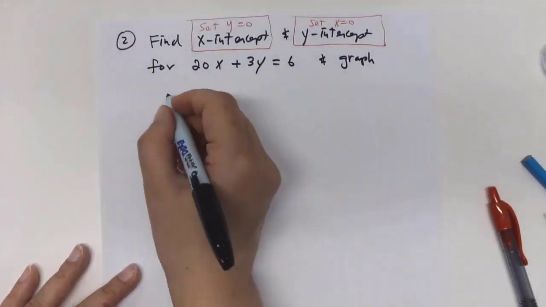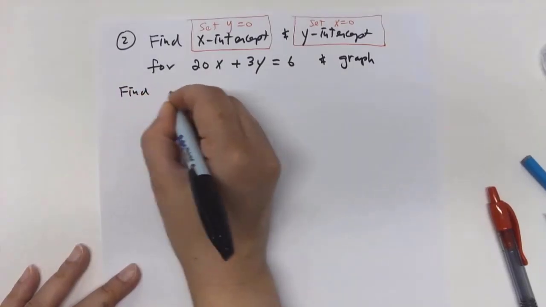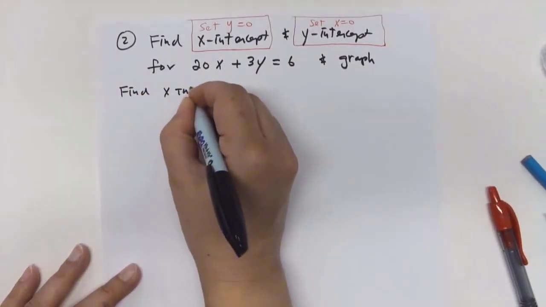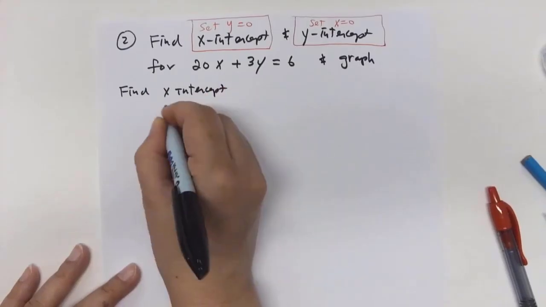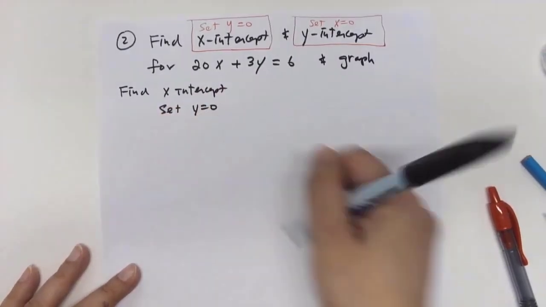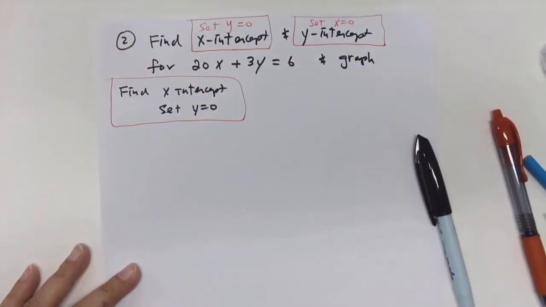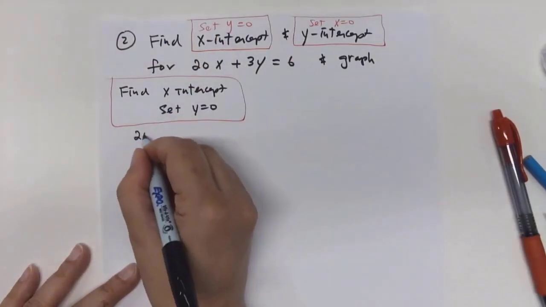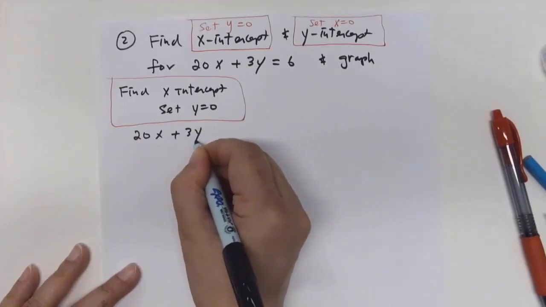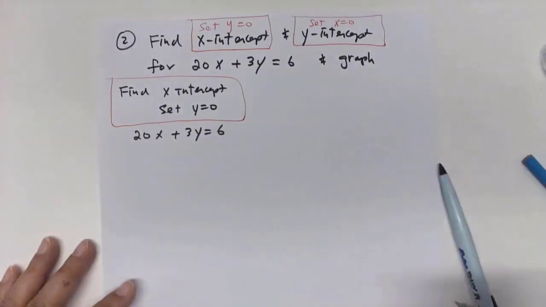So first we're going to find the x-intercept by setting y equal to 0. So we started with the equation, which is 20x plus 3y equal to 6. And then we do what?